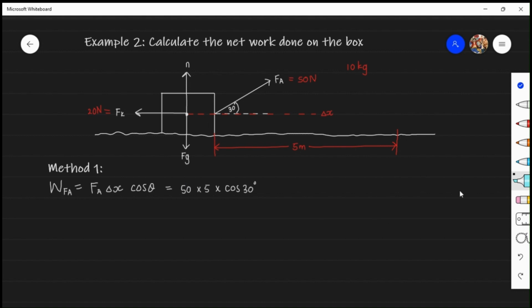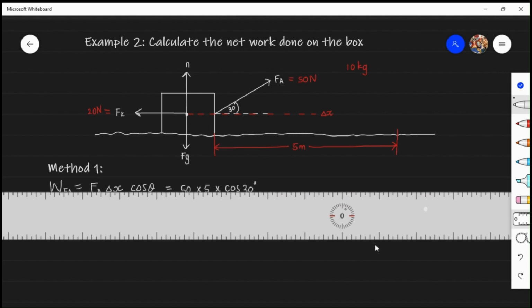Now, before we continue, let's take a moment to draw our free body diagram. When we draw a free body diagram, the object is represented by a dot. Let us also include our displacement.